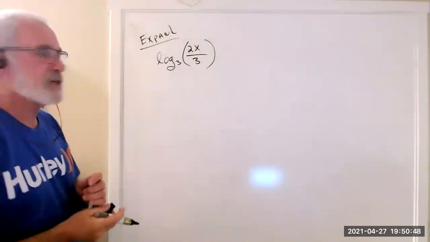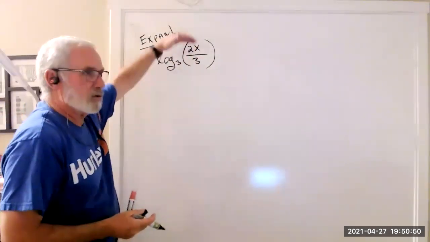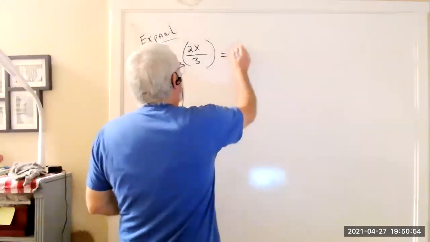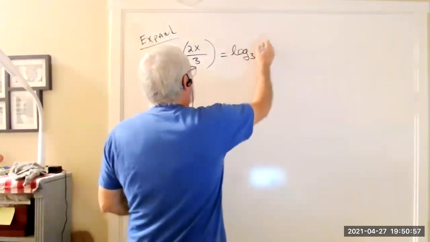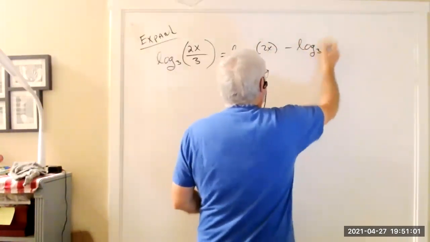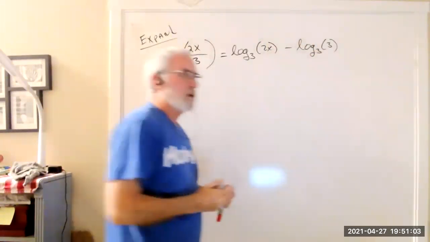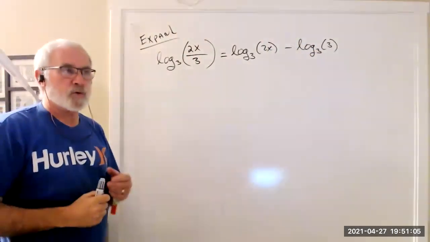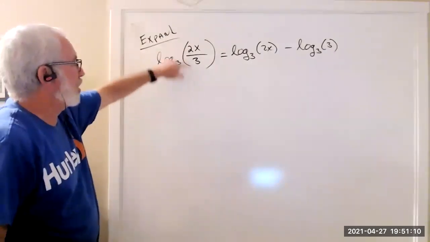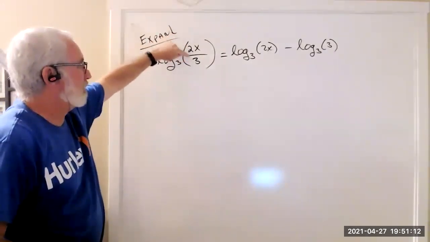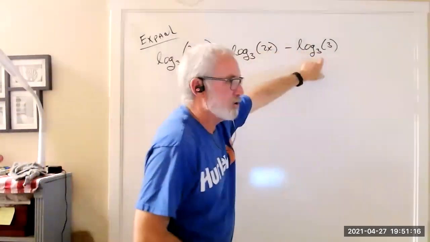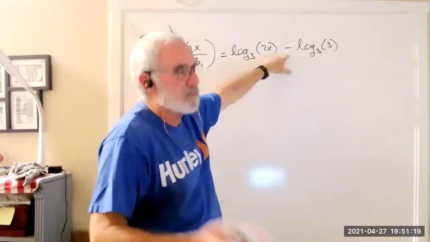The first thing I see is a fraction. So this is going to become the log base 3 of 2x minus the log base 3 of 3. That's using the quotient rule that I just erased. The log of two things dividing, top divided by bottom, becomes two separate logs that are subtracting.